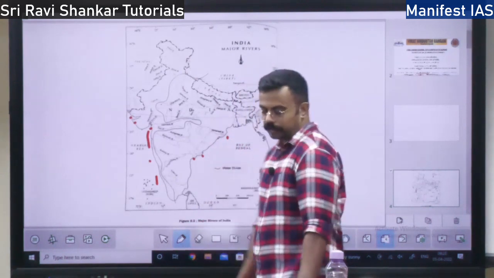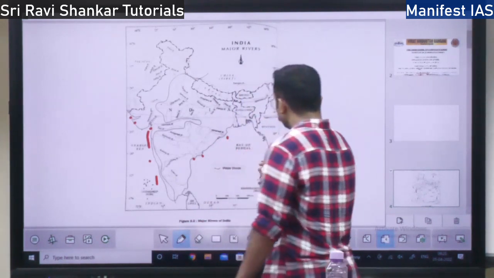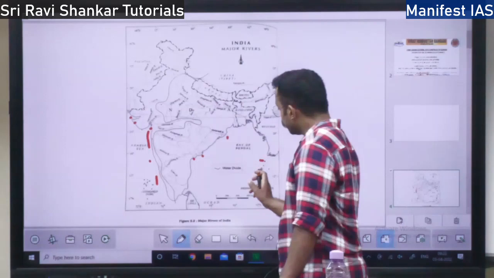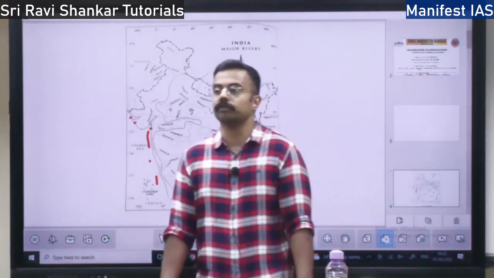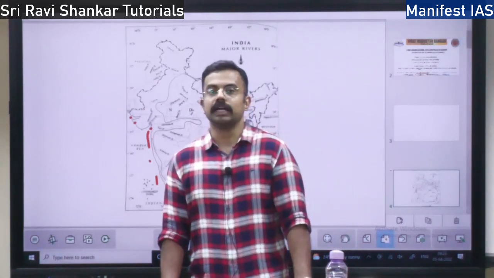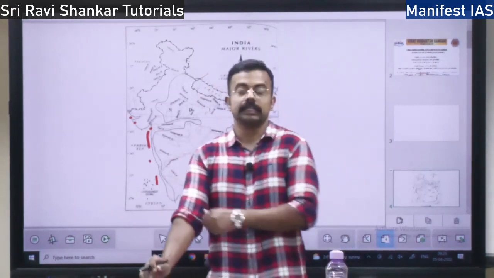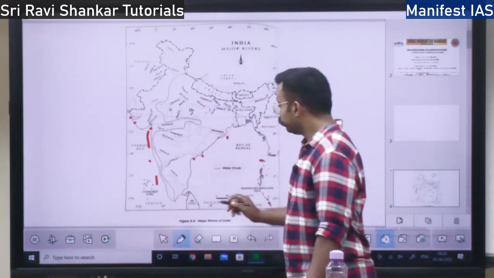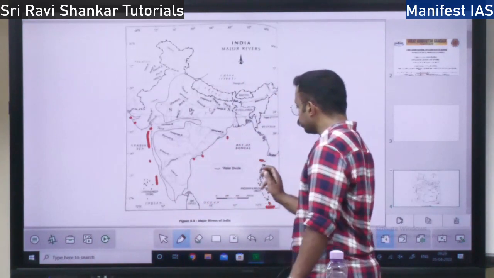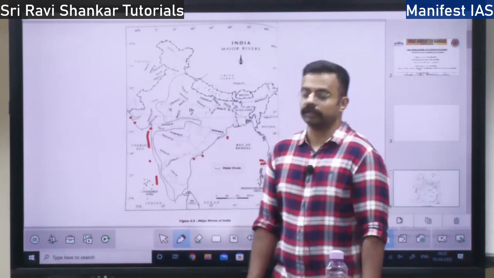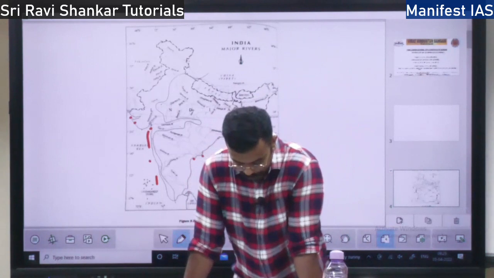So what is the longitude and latitude? It is from 92 degree east to 94 degree east for the Andaman and Nicobar. And what is the latitude? It is 6 degree north to 14 degree north, the latitudinal extent.